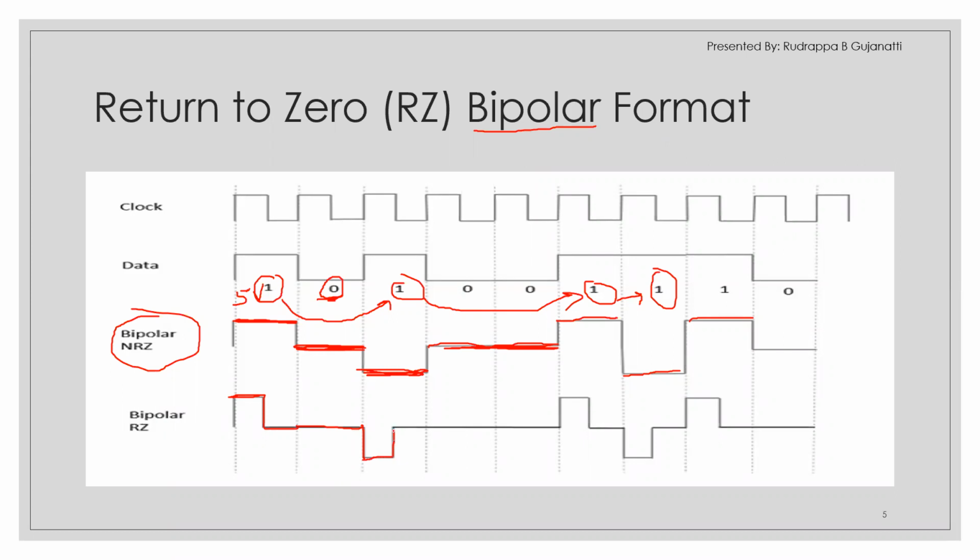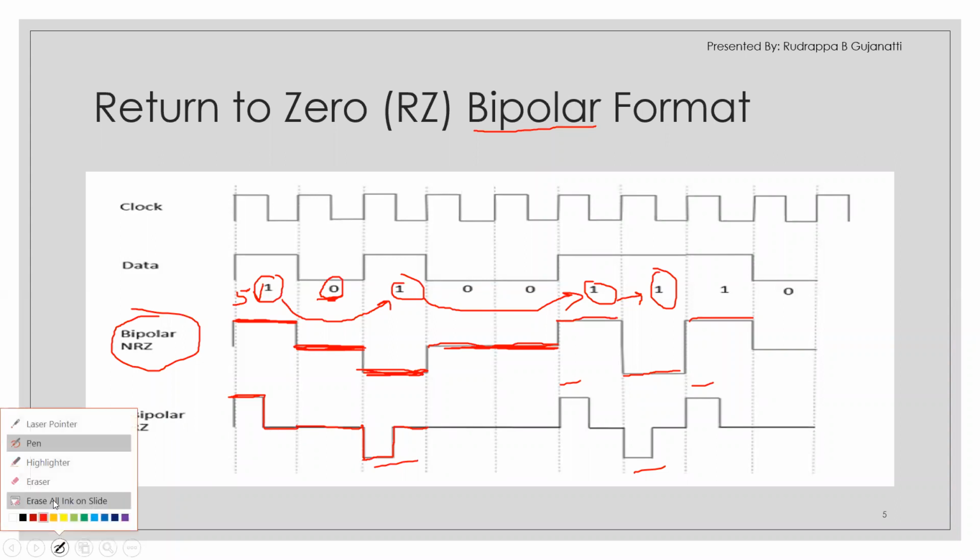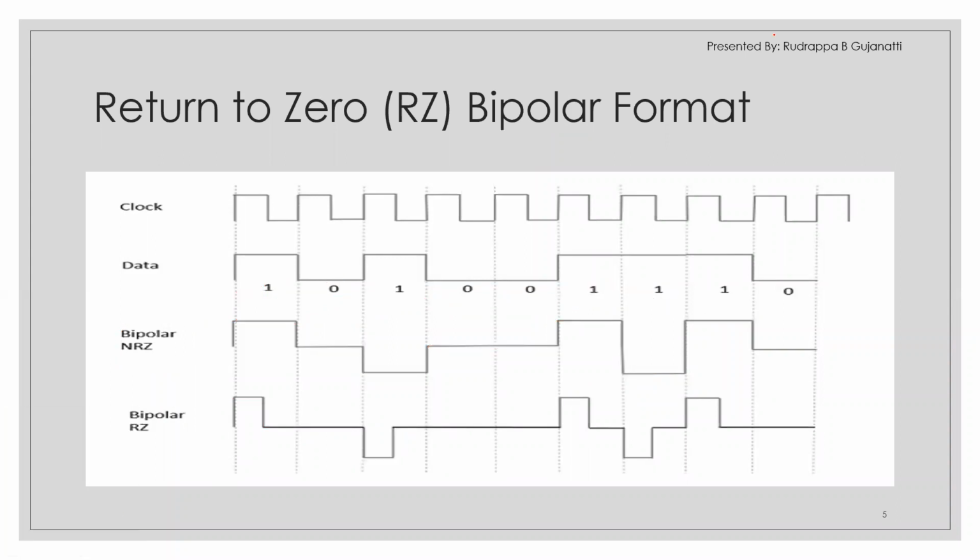So it will be minus 5 volt, again it returns back to 0, and it stays over there for the next half bit interval, and this continues. Now again you can see that this is minus, this level is plus, this is minus, this level is plus. So every alternate one will be following the opposite polarity. So these are the things which come under bipolar formats of NRZ and RZ.